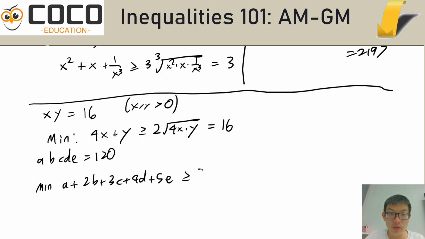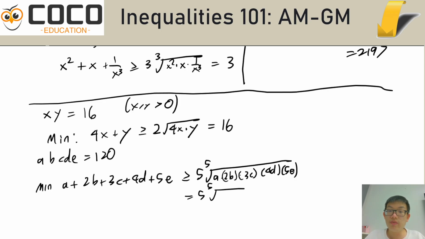So it's greater than or equal to, now 5 things, so 5 times the geometric mean, which is going to be just some weird value. Whatever that is will be the minimum value of A plus 2B plus 3C plus 4D plus 5E. That is essentially how AM-GM is used.